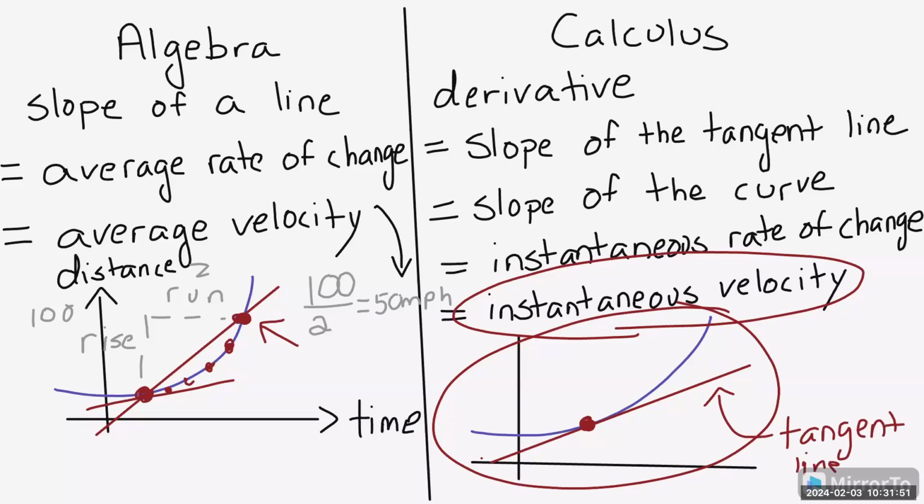And then in terms of everyday life, you can think of it as instantaneous rate of change, and specifically instantaneous velocity. So if you have a function that represents the position of something that's moving, the derivative represents the velocity of that object that's moving.